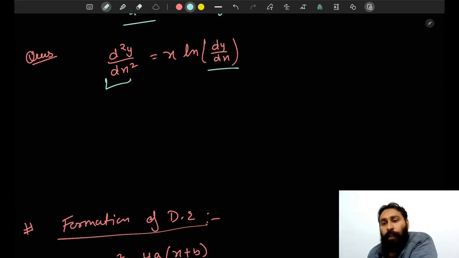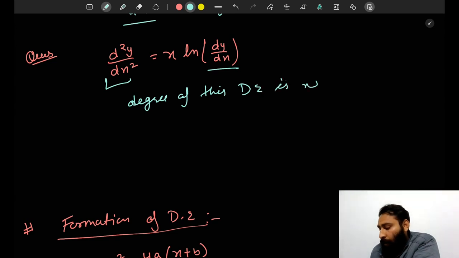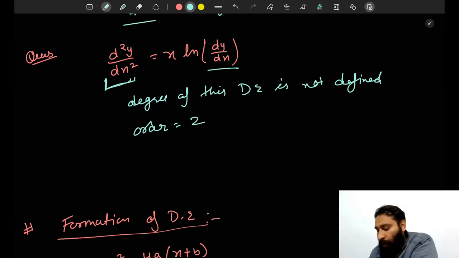So the degree of this differential equation is not defined, but the order is the highest order derivative, which is 2.